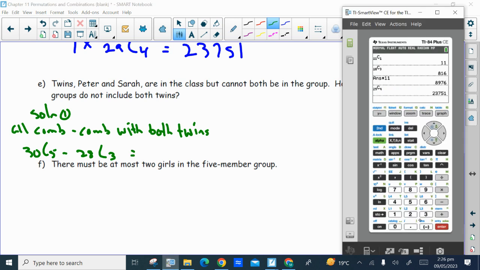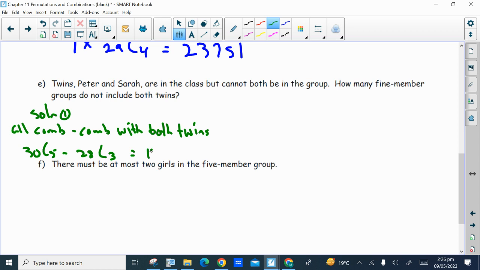So our 30C5, and then we have to subtract 28C3. That gives us 139,230.